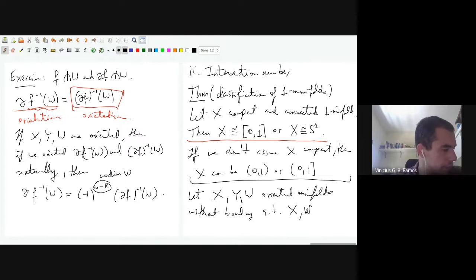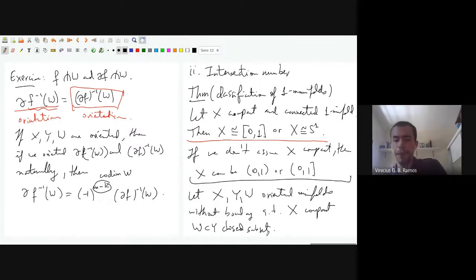Oh, no, I don't need W to be compact. So I need X to be compact, and I need W to be a closed subset. I say closed subset because when people say closed submanifold, they often mean a compact submanifold. So just a closed subset, it doesn't have to be compact. It just has to have the closed property.